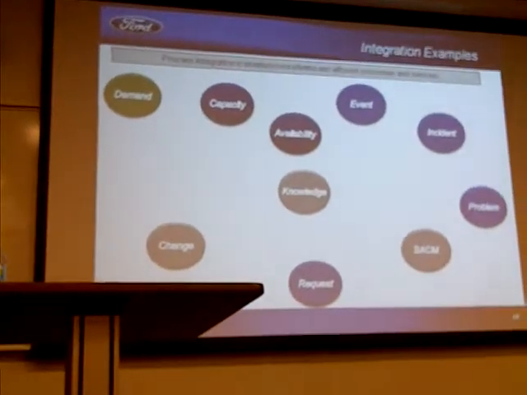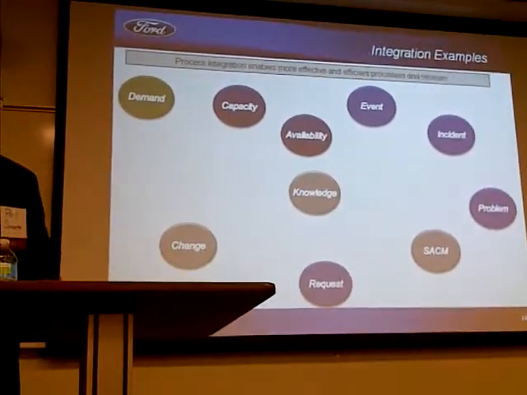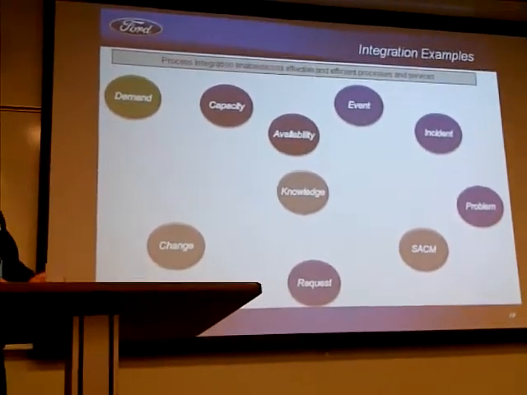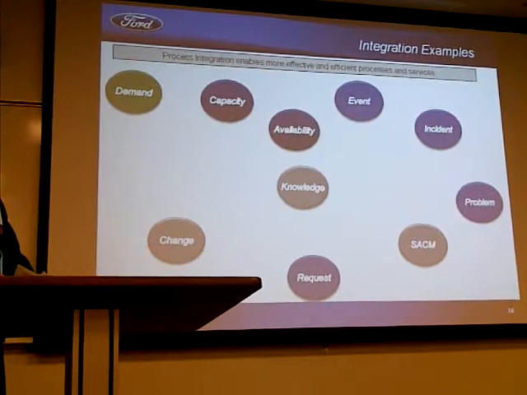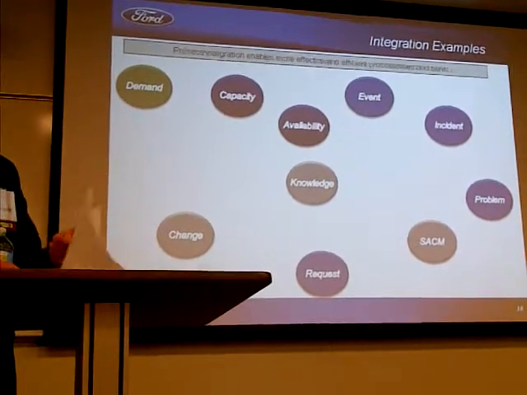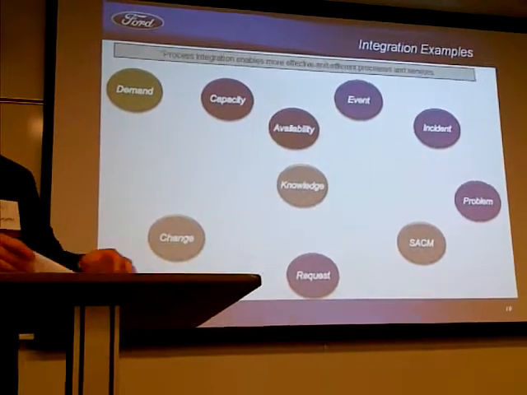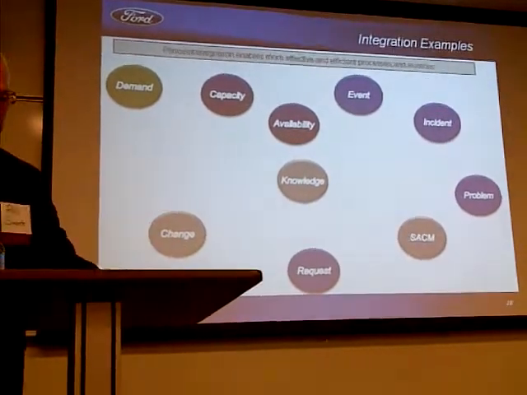Okay, some integration examples. As the top says, process integration enables more effective and efficient processes and services. I'm going to take you through a couple of examples here. Hopefully this will make some sense out of the whole integration theme.